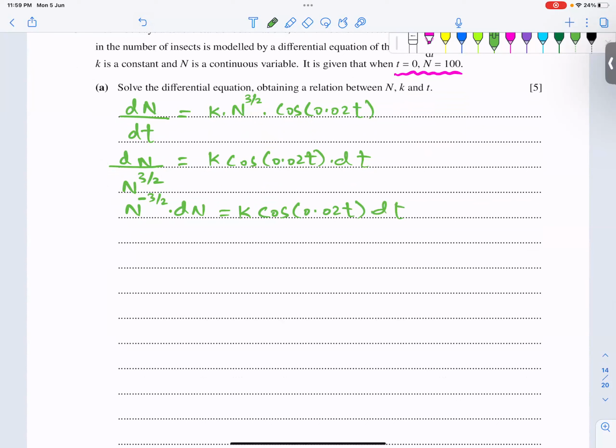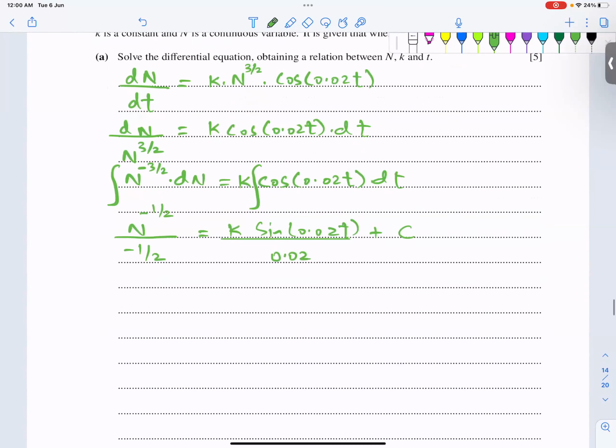Now you will integrate both the sides. The integration for the left side will be n to the power minus 3 by 2 plus 1, that will give you minus 1 over 2, divided by minus 1 over 2. The integral of cos will be sine of 0.02t divided by the derivative of the angle, that is just 0.02, plus some constant of integration.